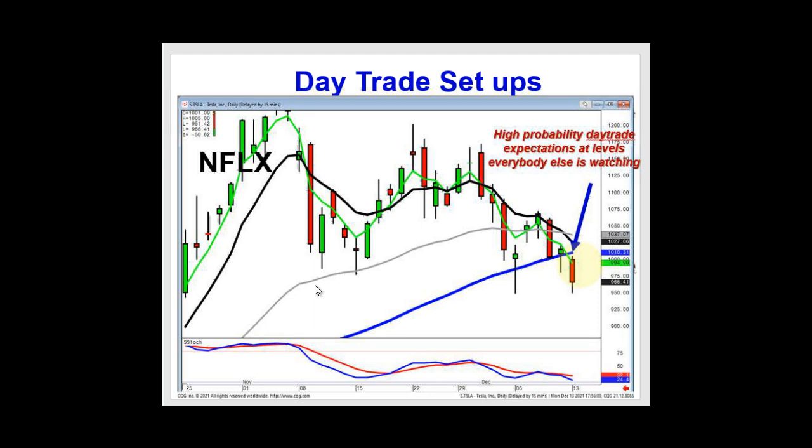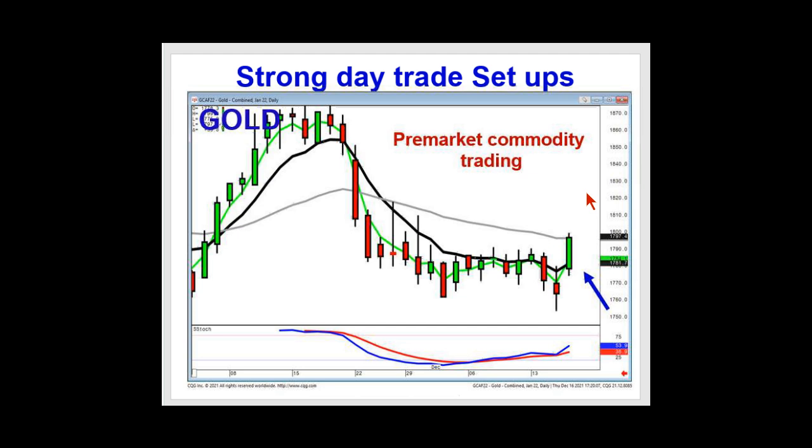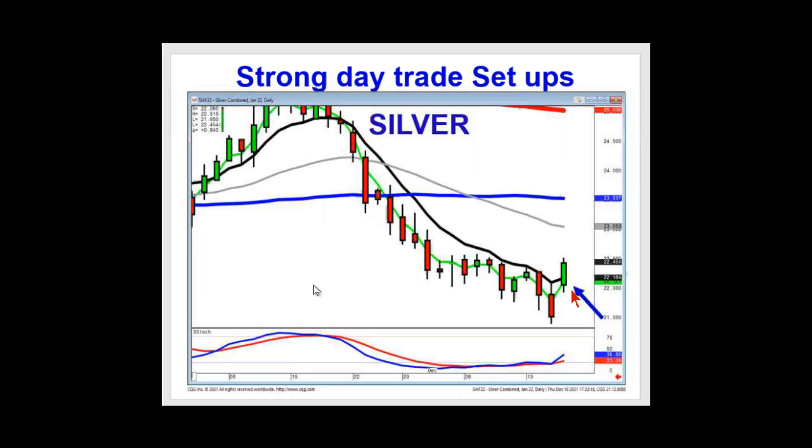We also have the benefit of seeing what a commodity is doing that might affect stocks. Today, we can see that gold pre-market was already trading positive. Silver was already trading positive.